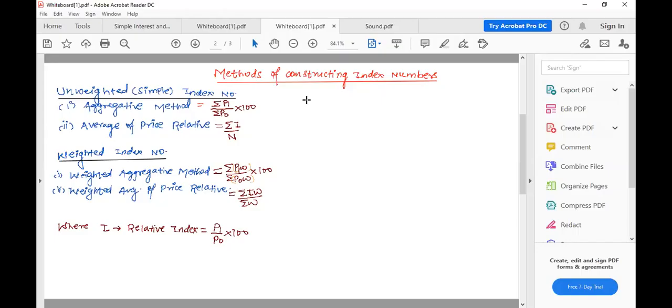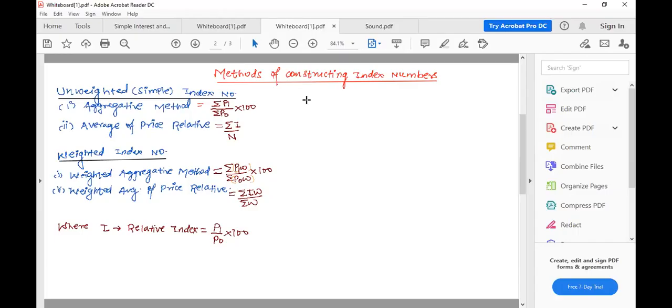Similarly, price of the current year with the weight. So summation of P1W is nothing but the total of the product of the price of the current year with its corresponding weight. Similarly, summation of P0W is the total of the product of the price of the base year with its corresponding weight, and then multiplying by 100.